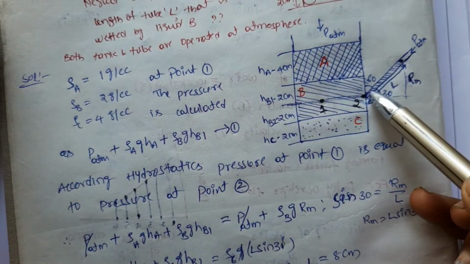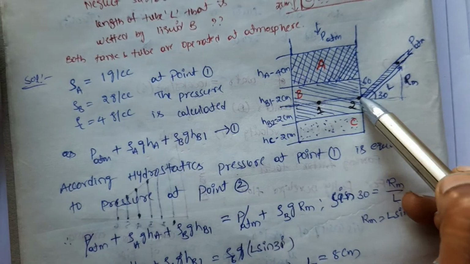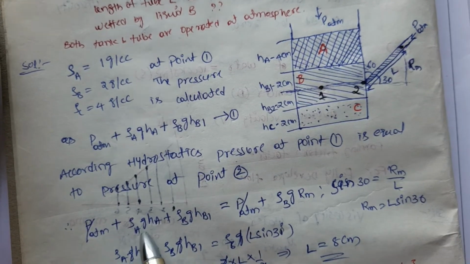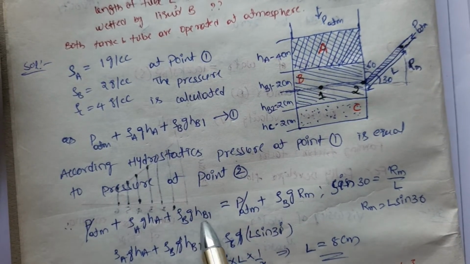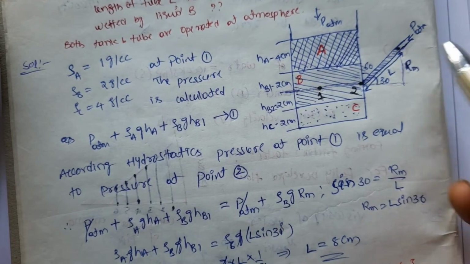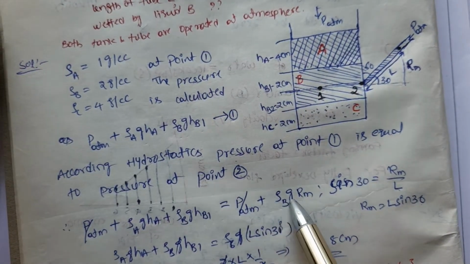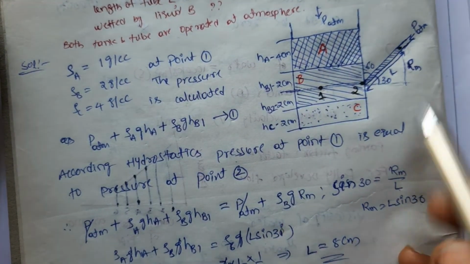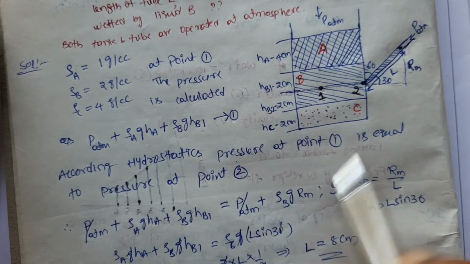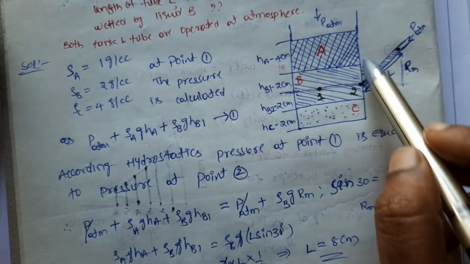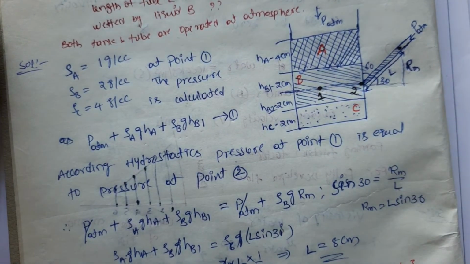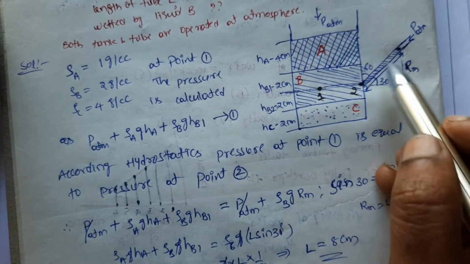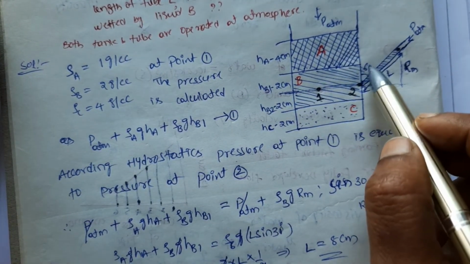So if you consider from this direction, this pressure should be equal to this pressure also. So P atmosphere plus rho A g HA plus rho B g HB1 equals atmospheric pressure from this direction plus rho B g Rm, the height of the fluid in the inclined tube, rho B g Rm. Since it is inclined, we have to resolve the components, that is r sin theta, r cos theta, like that, no? By resolving that, the problem gives the angle as 60 degrees.